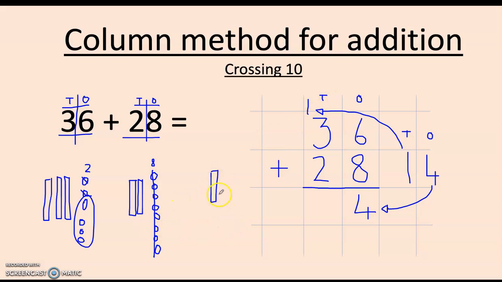Well, I've got 1 ten here, 3 tens from the start, and 2 tens that they originally wanted me to add on. So altogether I've got 1, 2, 3, 4, 5, 6. 1 plus 3 is 4, plus 2 is 6. So altogether, my answer is 64.